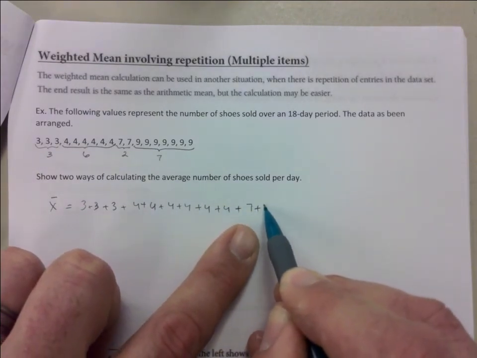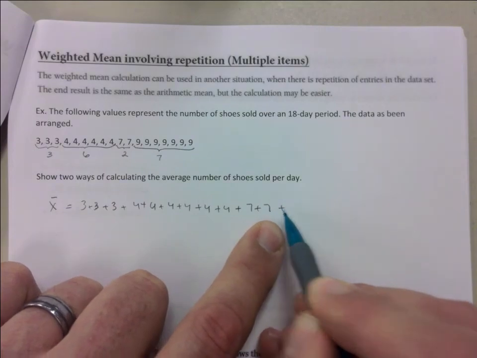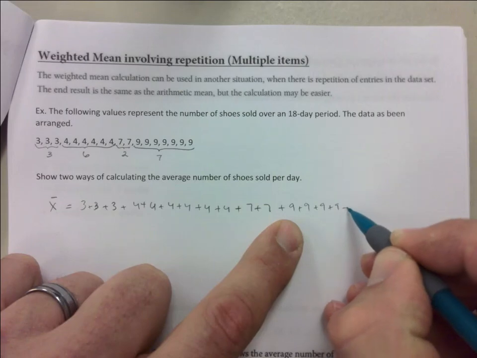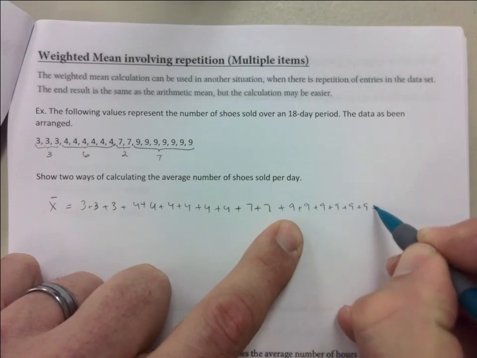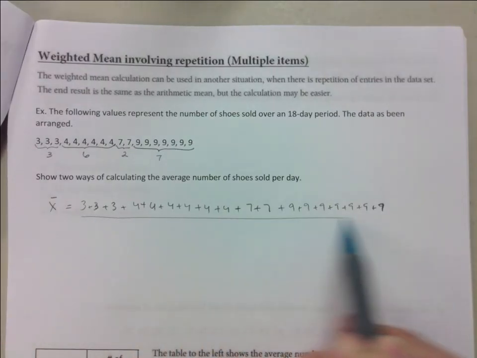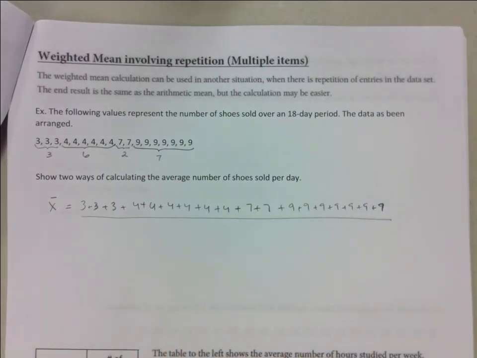There's 2 of these, 2 7s, and there's 1, 2, 3, 4, 5, 6, 7. Divided by, what are we going to divide by here?